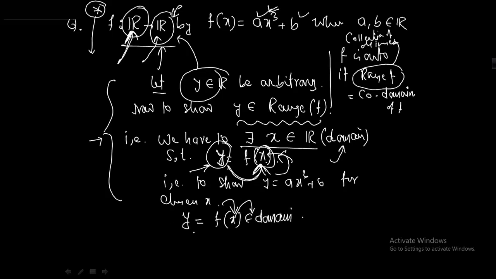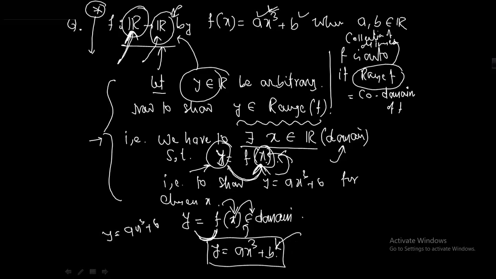Now listen, if we have to prove y equal to f(x), then actually what do we have to prove? y equal to ax³ + b. Yes or no? Yes, sir. Let me put it a little differently. If we write y equal to ax³ + b, then we have to show that for this y there exists an x in the domain.